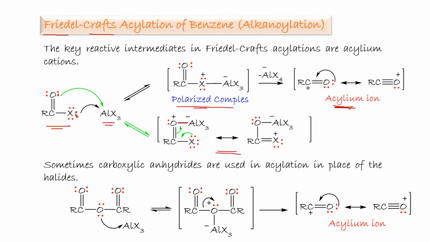If we use acid anhydride, which is another reagent, again with the Lewis acid aluminum halide, it will form a complex. Of course, also with this lone pair is the other possibility. So we have here a complex which will dissociate to form again the acylium ion.